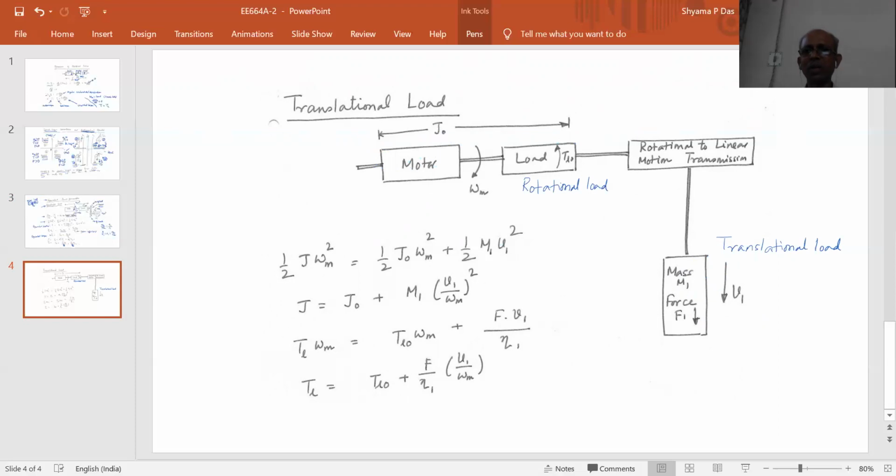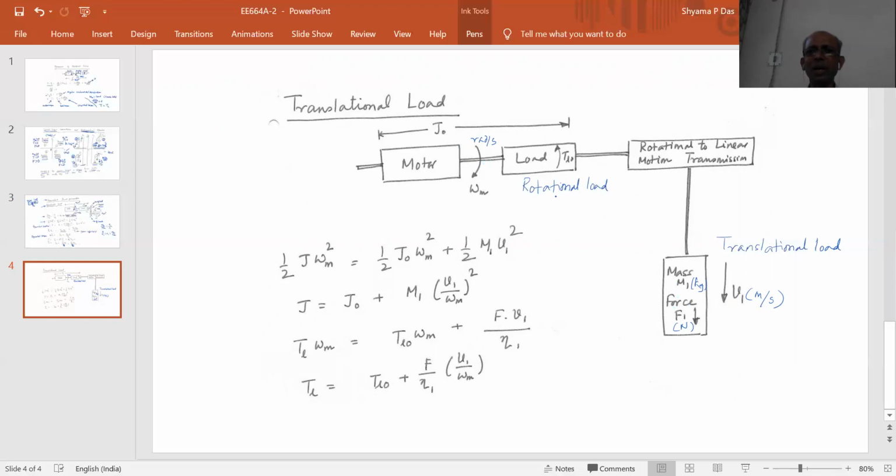We represent it by its own mass m1, in kg. And we have a force, in Newton, and the velocity, in meters per second, not radian per second.